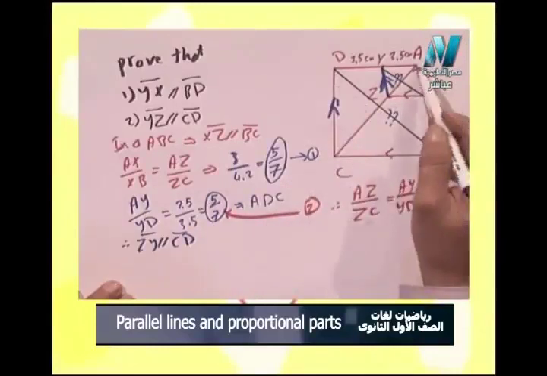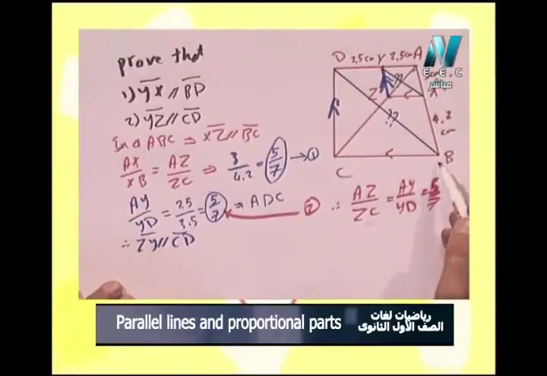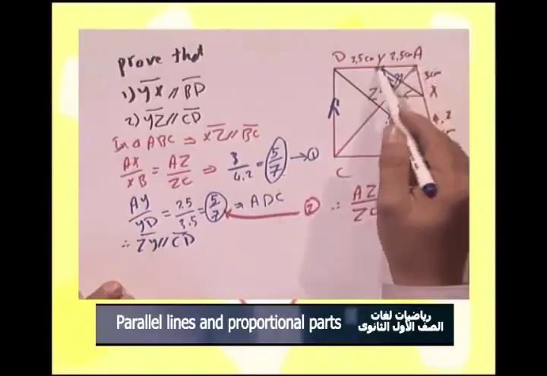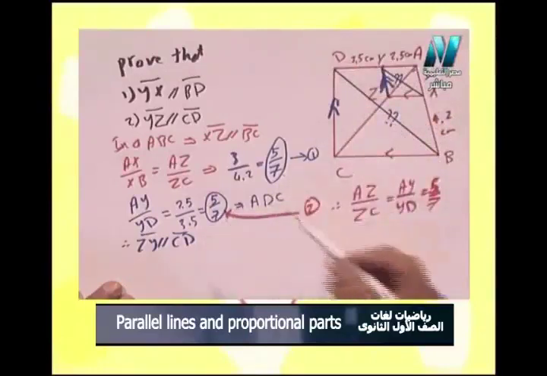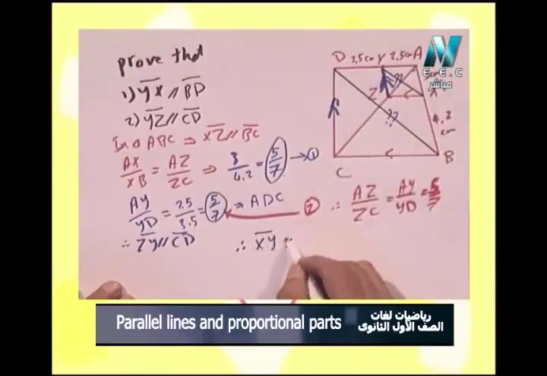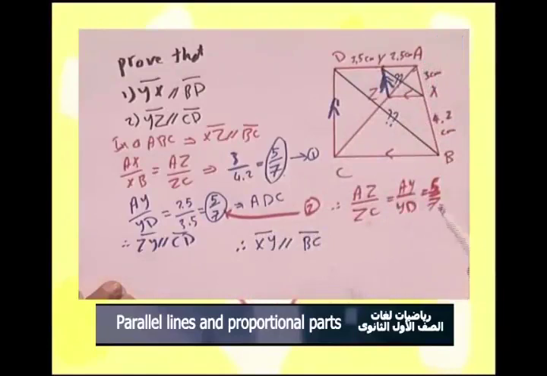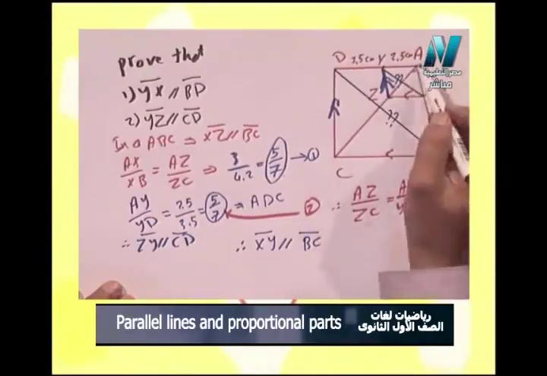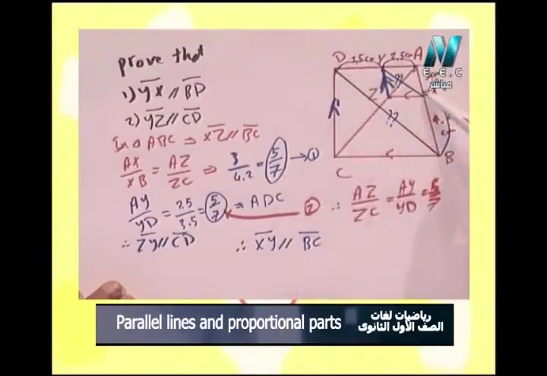We have AX over XB equals 5 over 7 and AY over YD equals the same ratio, so therefore XY is parallel to DB, because AX over XB equals AY over YD, with these line segments included. If this one over this one equals this one over this one, we can deduce easily that YX is parallel to DB.